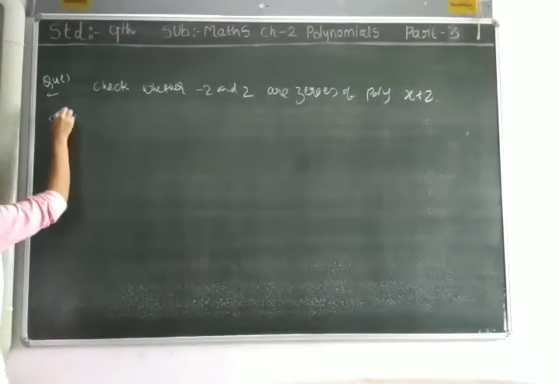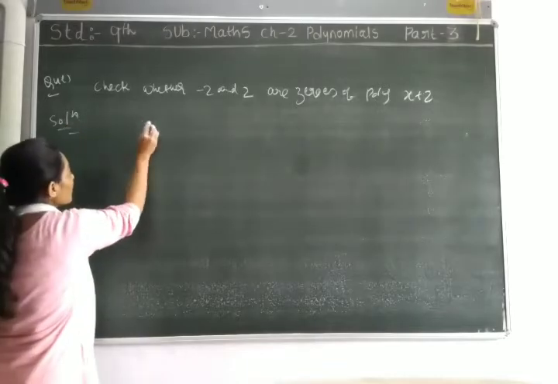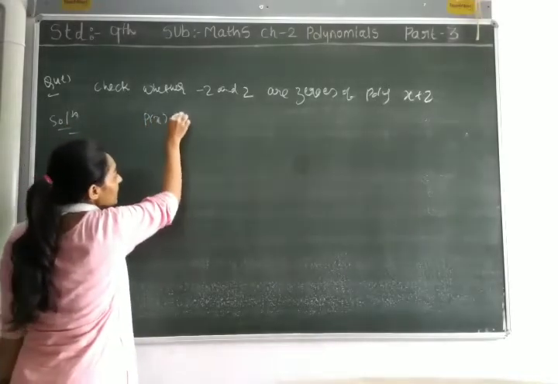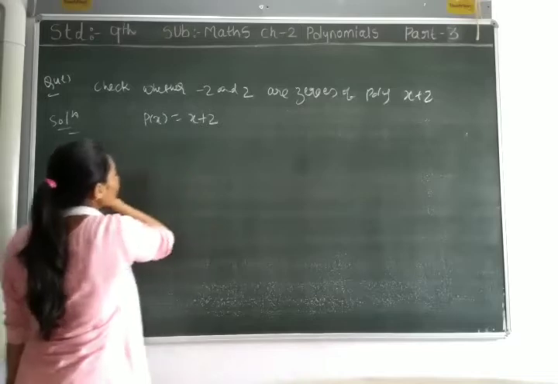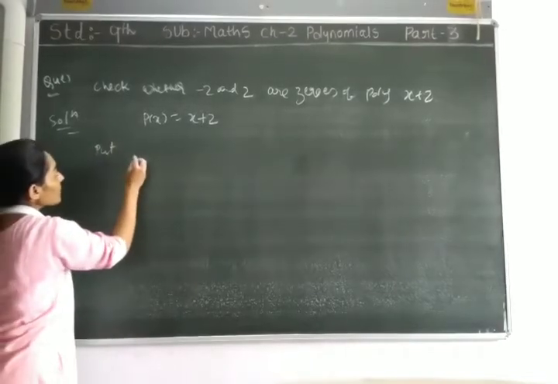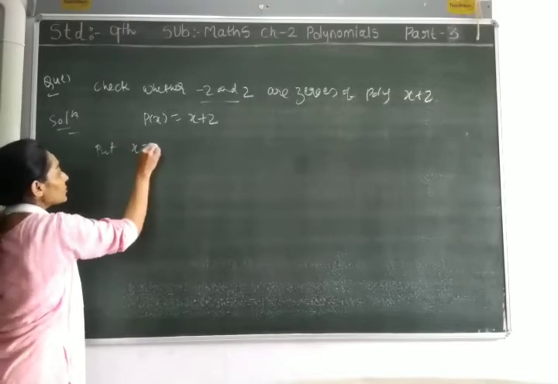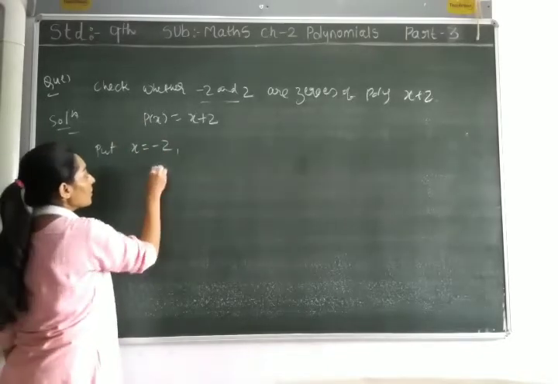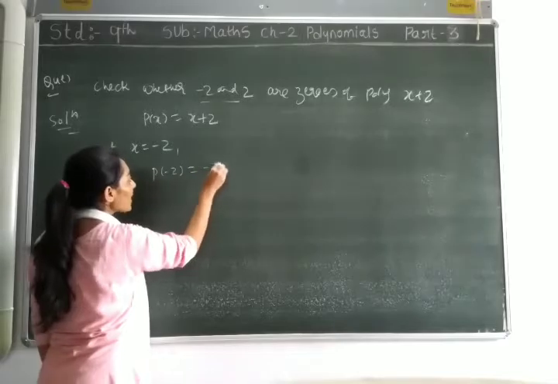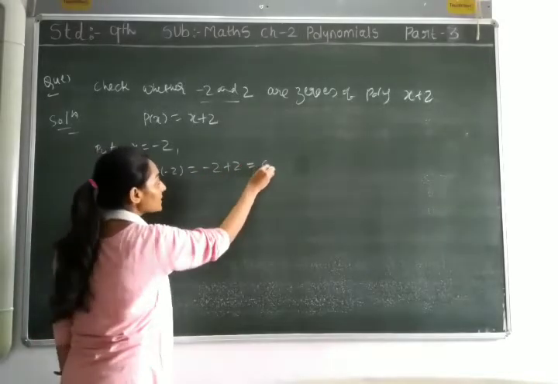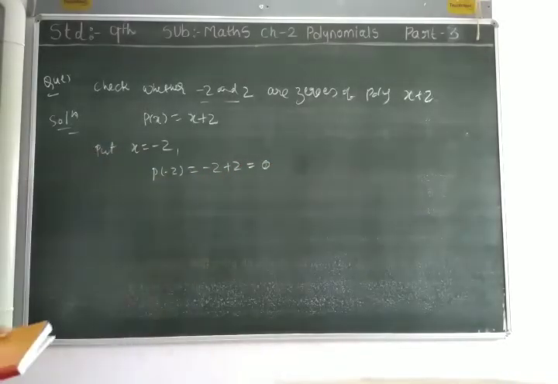Solution. Now, p of x equals to x plus 2. Checking, so put x equals to -2. So p of -2 equals -2 plus 2. I am getting 0 over here.